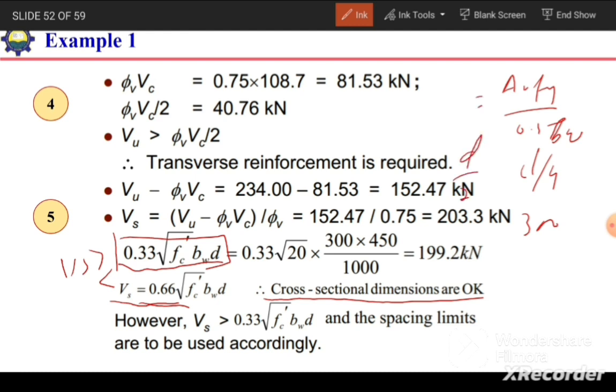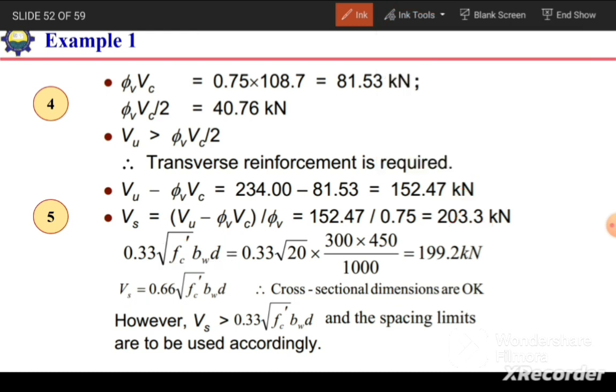This will become d by 4 will become d by 2, and this 300 will become 600. So as the Vs is more than this 0.33, we will use the second option, d by 4 and 300 millimeter limit for the maximum spacing of the stirrups.